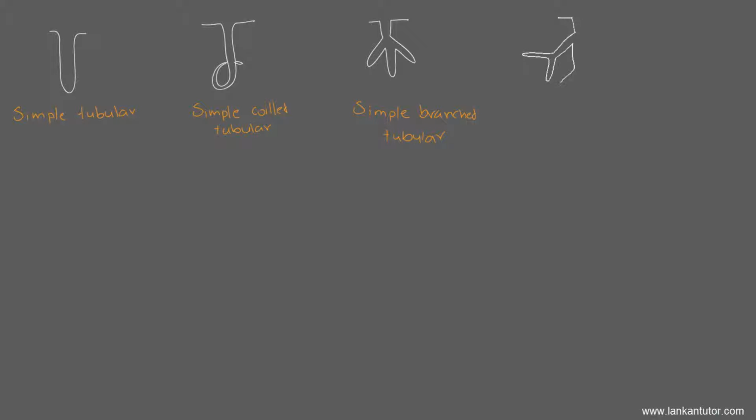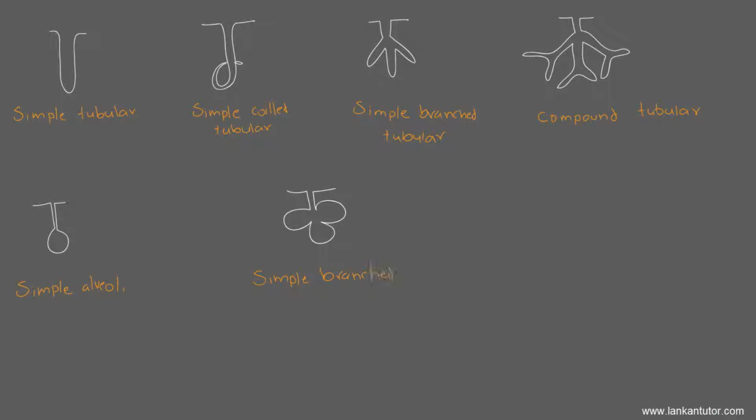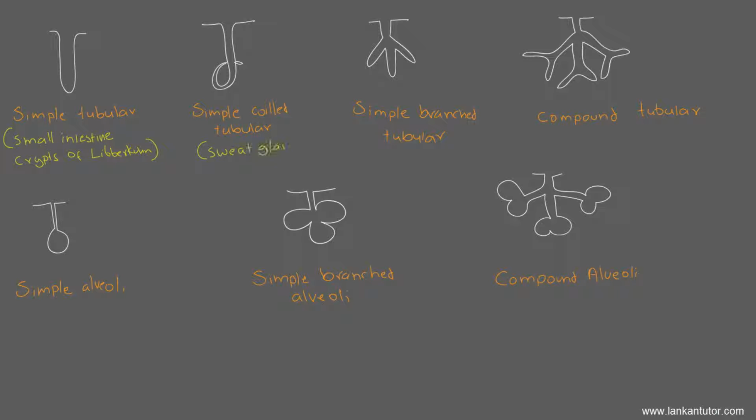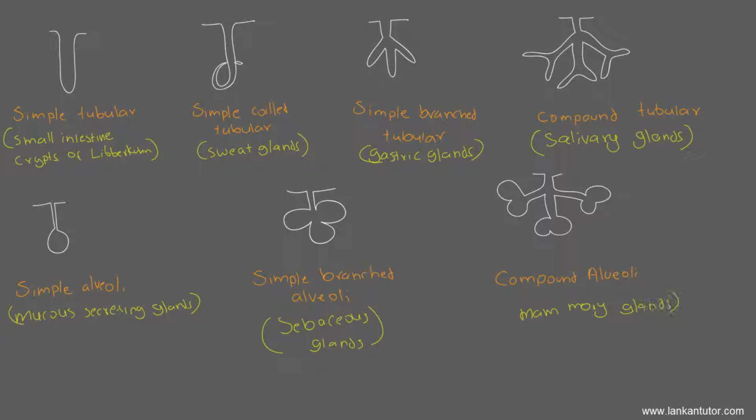So I'm just going to go ahead and draw these structures, the types of ducts. Just remember that there's simple tubular, simple coiled, simple branched tubular, and compound tubular, and then there's simple alveoli, simple branched alveoli, and compound alveoli. Just remember it if you think you need to, but otherwise it's not that necessary.